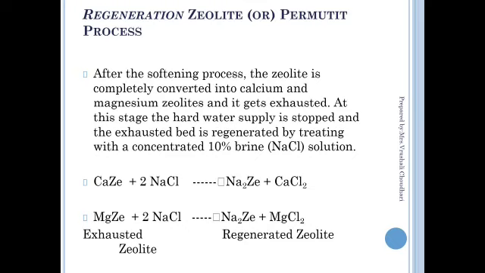When all zeolite becomes exhausted with calcium and magnesium, we cannot use it again to remove the hardness. At that time we are going to recharge it, regenerate the zeolite. How are we going to regenerate the zeolite? For that we are going to use NaCl, sodium chloride, which is having an excess of sodium ions.